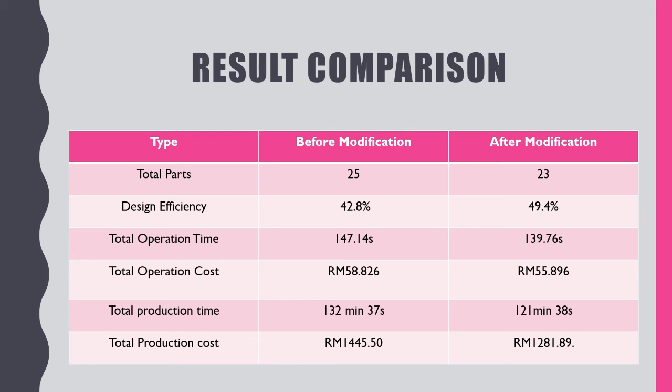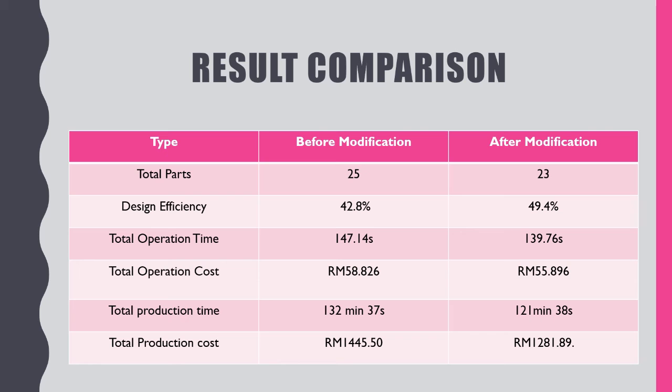The total operation time is 147.14 seconds and after the modification is 139.76 seconds. The total operation cost is 58 ringgit and after the modification it was reduced to 55 ringgit.